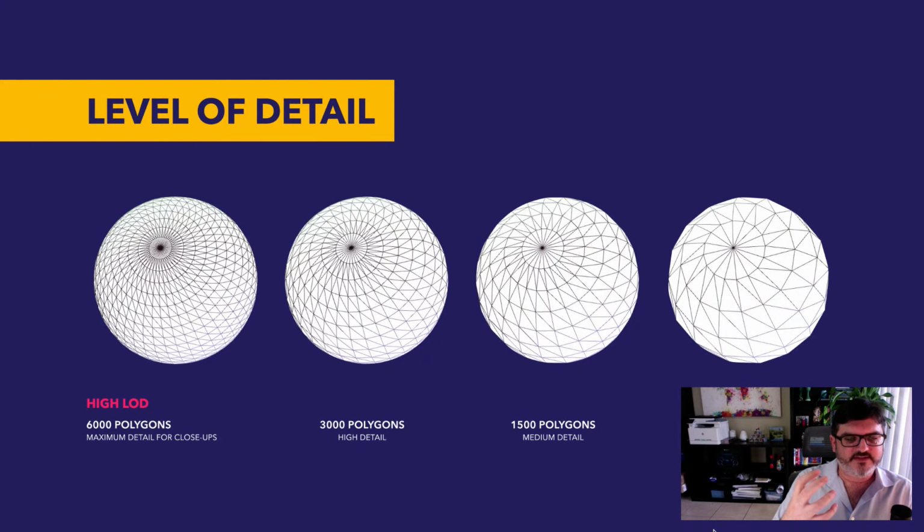Maybe it's got a few thousand polygons and it's a little more expensive to render, but you're only rendering things that are close up at that level of detail. Things that are further away, you render at lower levels of detail, so maybe only hundreds of polygons, and they're way less expensive to render.